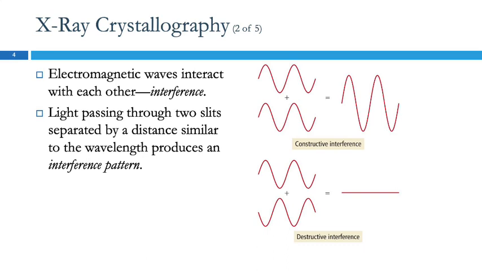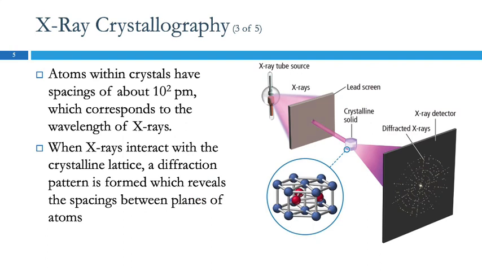So we can use this same idea of interference on a smaller scale. The atoms in a crystal have spacings more like 100 picometers. So that's much smaller, but we can use X-rays, which have smaller wavelengths, to investigate these spacings, right?